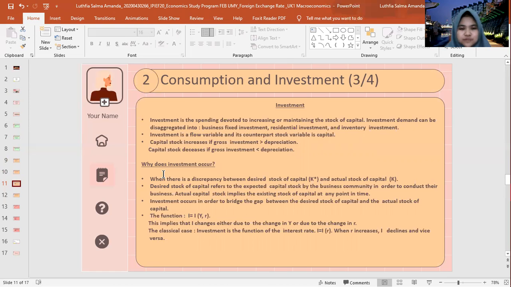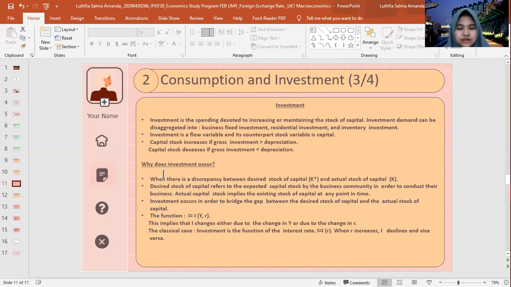And why does investment occur? First, when there is a discrepancy between the desired stock of capital and the actual stock of capital. The desired stock of capital is what the business community expects to need in order to conduct their business.